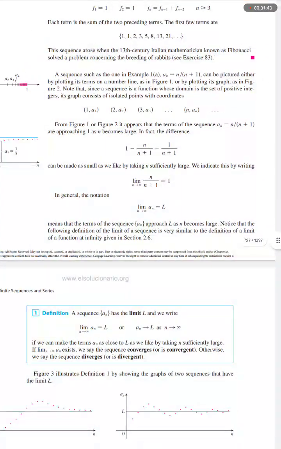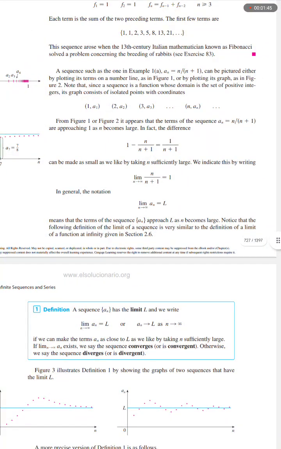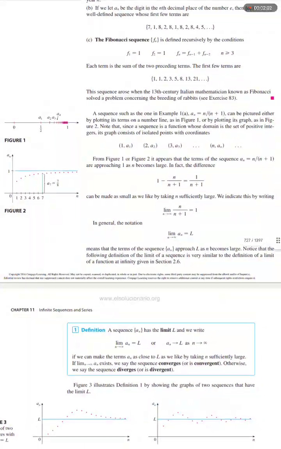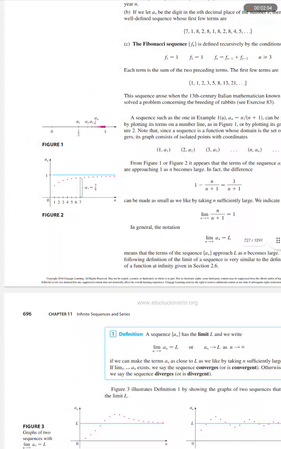A sequence such as the one in example 1a, a_n = n/(n+1), can be pictured either by plotting its terms on the number line as in figure 1 or by plotting its graph as in figure 2.